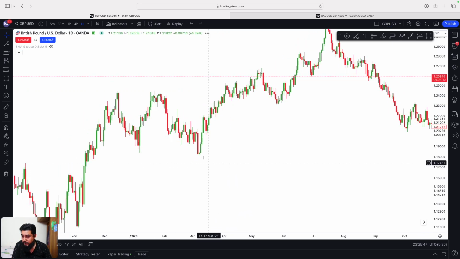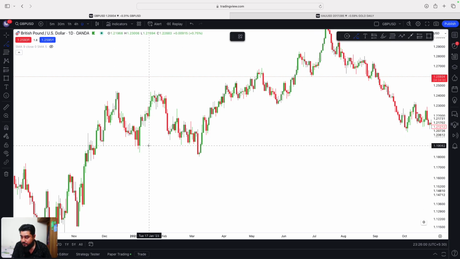Now, we're looking at a daily chart, okay, and this is a buy trend, and let's try to locate the pullbacks, the true pullbacks or the legit pullbacks that I just mentioned. Okay, let's take a look.